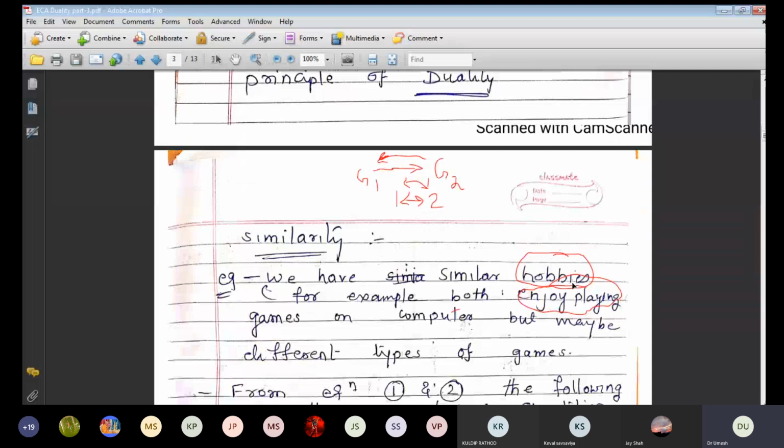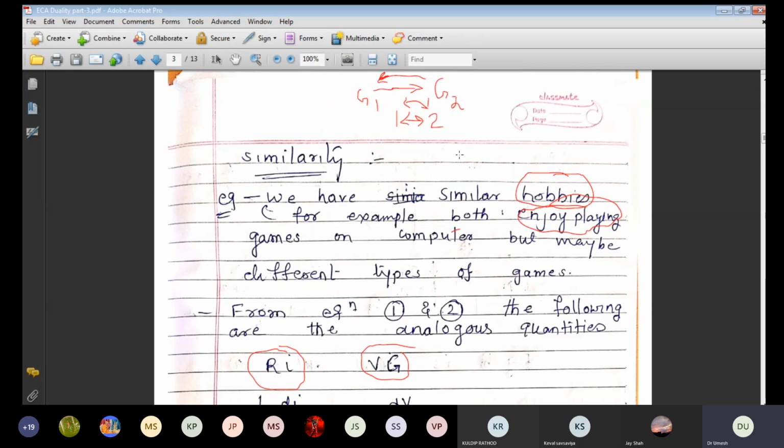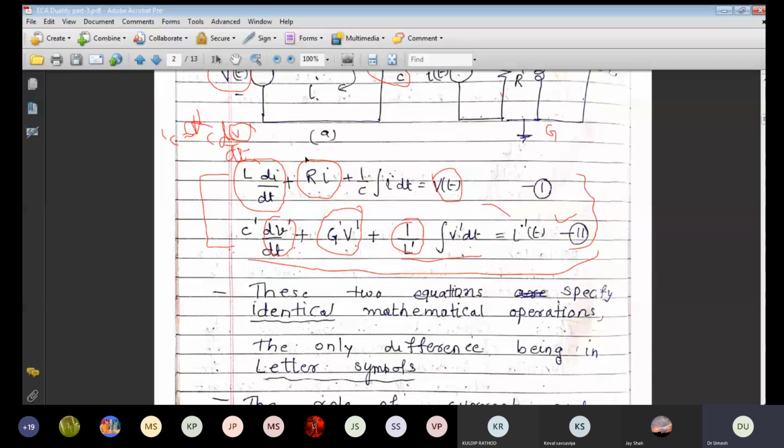Now from equations 1 and 2, the previous equations we have discussed, you can replace Ri with Vg or Gv, then di by dt with dv by dt, integration of i dt with integration of v dt, voltage with current, inductor with capacitor, and C with L, capacitor with inductor.